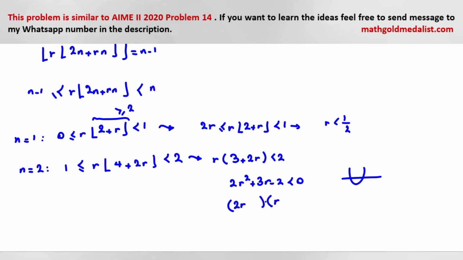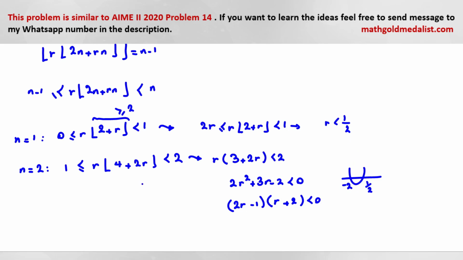Less than 0, so between negative 2 and 1/2, right? Because it's less than that, again we reach r is less than 1/2, right?